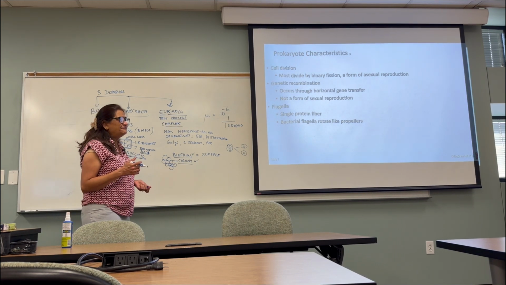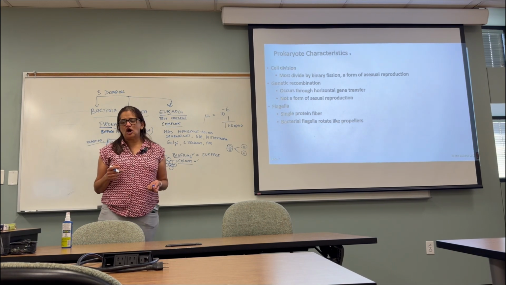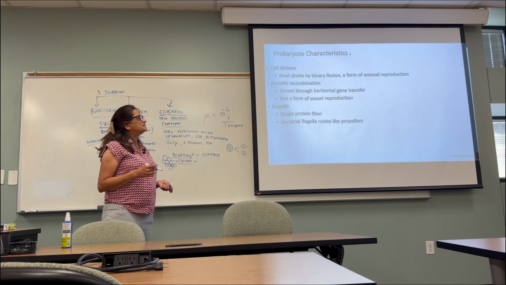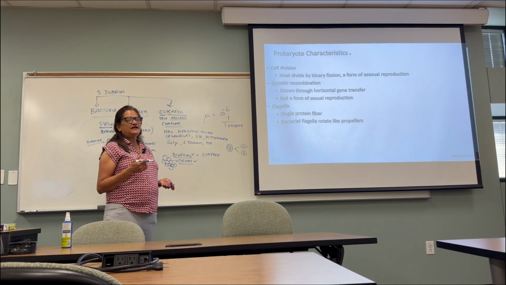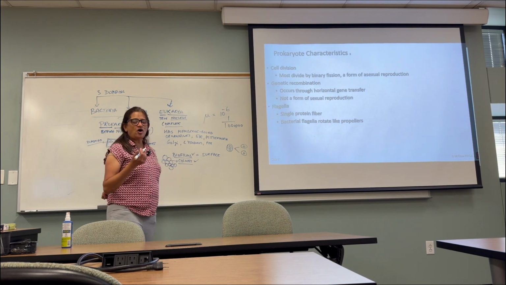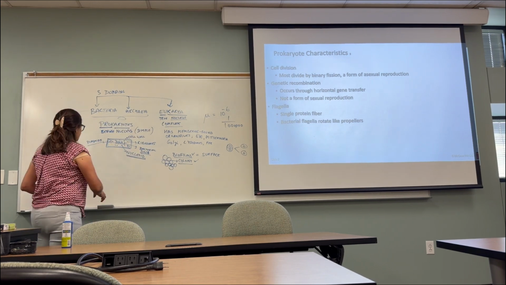Now, in some cases, we do see some sort of genetic recombination. When we say recombination, it means that these bacteria can undergo horizontal gene transfer. So, what is horizontal gene transfer?